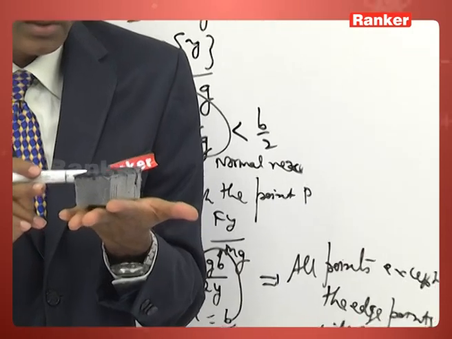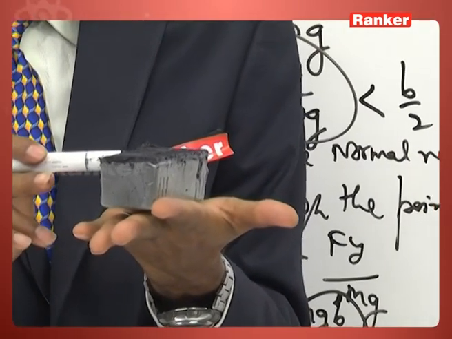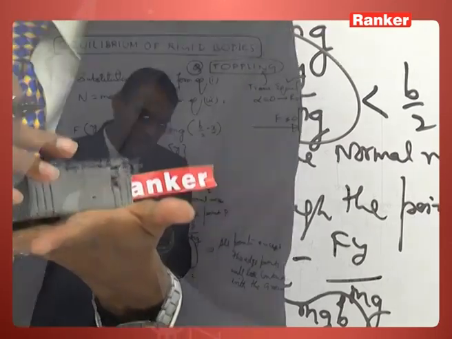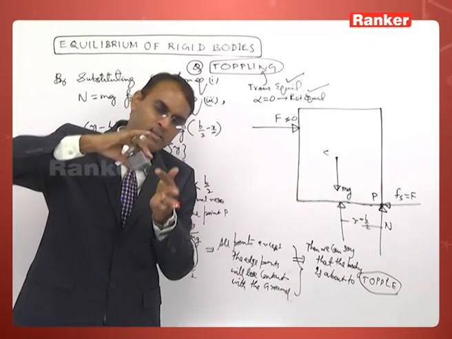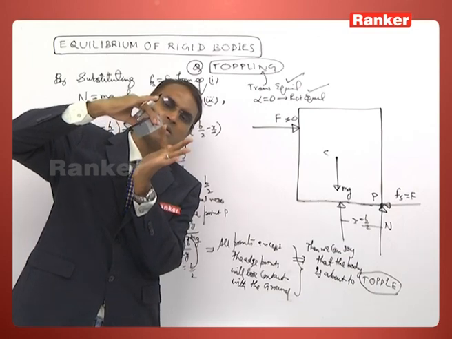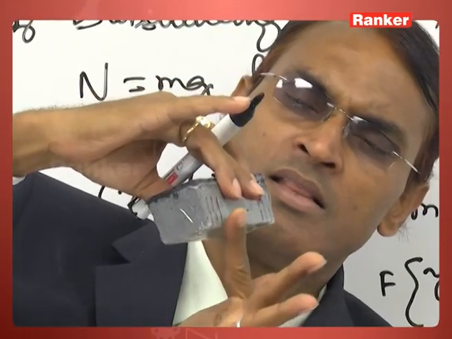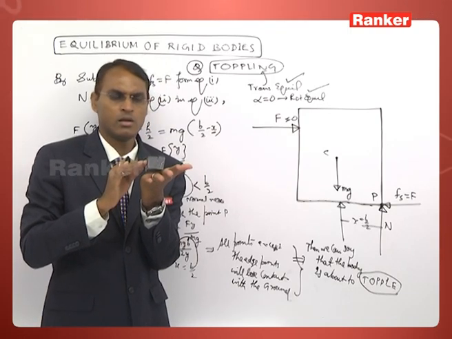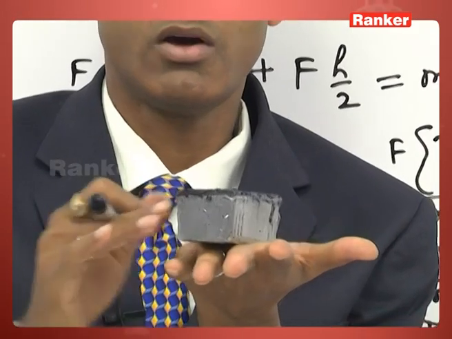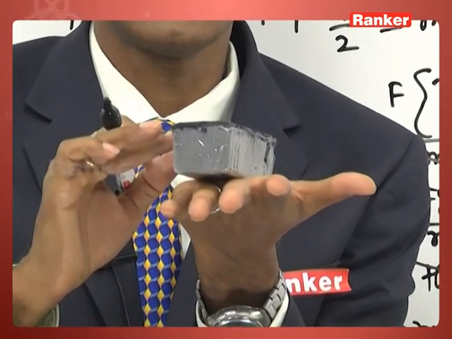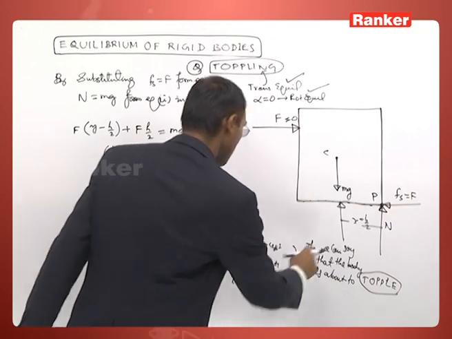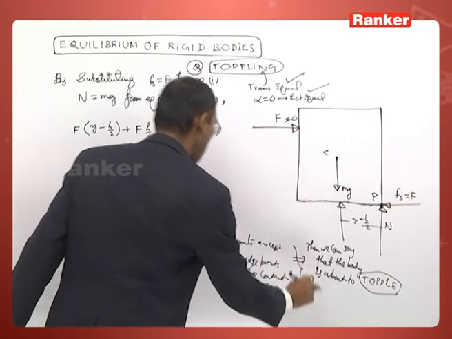And when the force will be exactly equal to that, all the points will lose contact except the points on this edge. This edge will be in contact and other points will be losing contact from the horizontal surface. So, this is the condition for toppling. Then you can say that the body is about to topple.